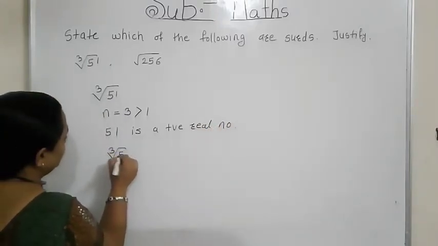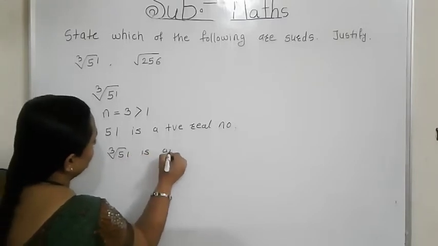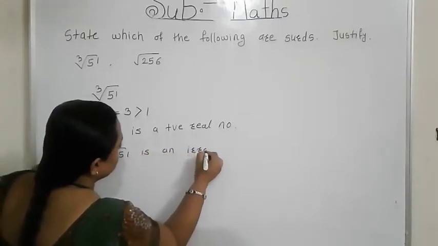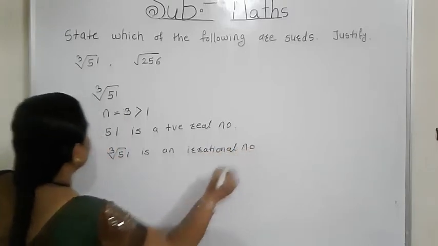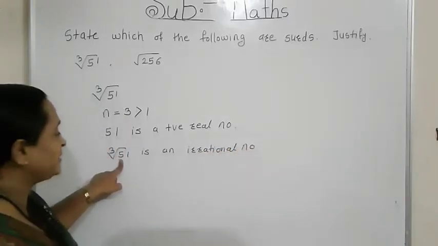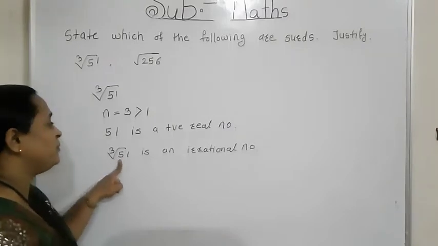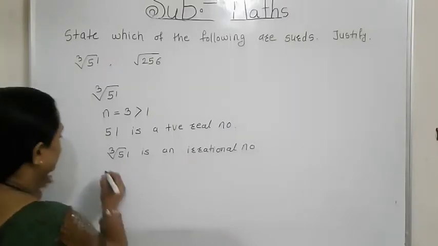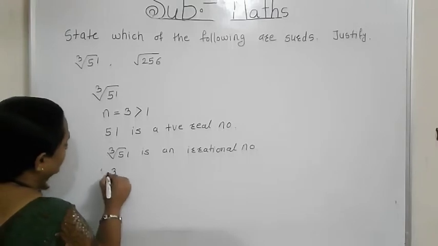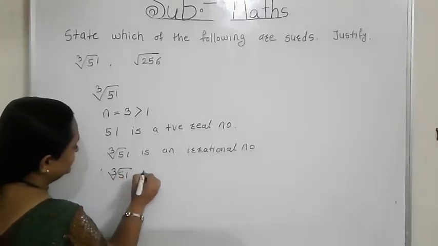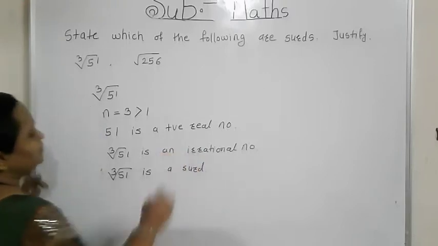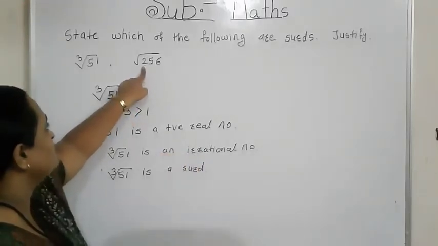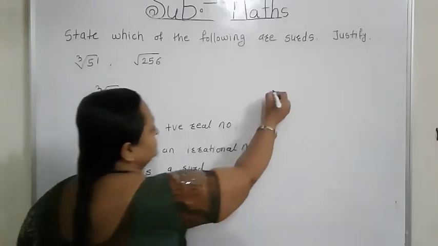Cube root 51 is an irrational number, because 51 is not a perfect cube number. So cube root 51 is an irrational number. Therefore cube root 51 is a surd. Now see the second example, square root 256.